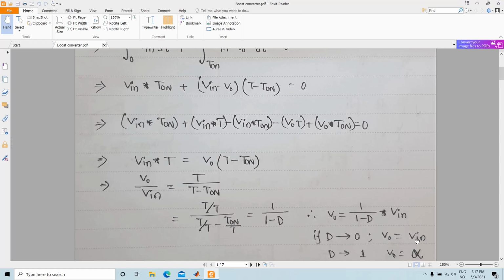Now, of course, this is theoretically possible. In an actual circuit, it's not going to be infinity, but it's going to be higher. And as can be seen, in boost operation, for different D values, V out varies between V in to a very high value.